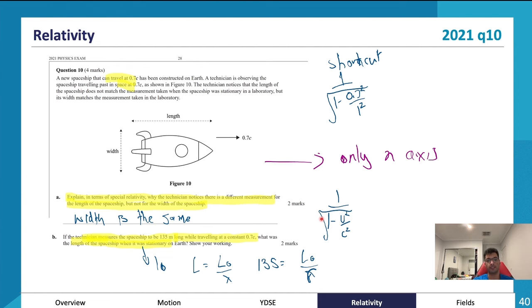Because it's given in terms of c, the c's cancel out. You can think of this as 0.7c divided by c. The c's would cancel out, so you're just left with 0.7. That should be squared. Yeah, so that's one way you can shortcut these types of questions.